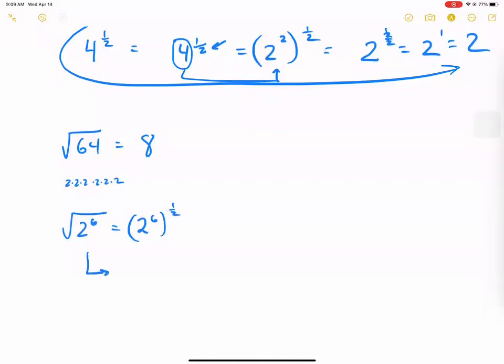Or you could just write 2 to the 6 over 2, because we can express our radicals as a fractional exponent. This becomes 2 to the 6 over 2, which becomes 2 to the 3 power, which is back to 2 times 2 times 2 is 8.